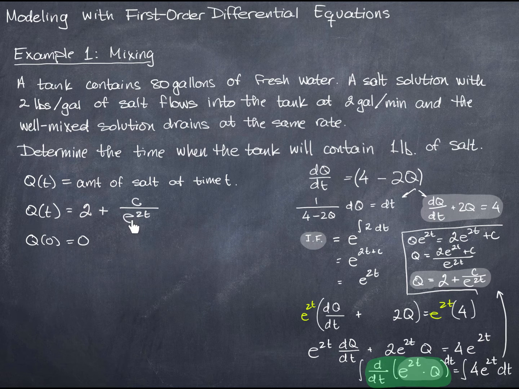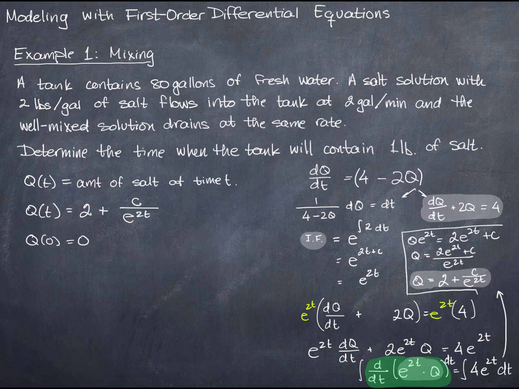If you look at this equation right here, we have one unknown, the amount of salt, Q of t. We have another unknown, t, and we have a third unknown, c. Well, here's a pair of unknowns. These are paired. There's going to be a different amount of salt at a different time, but these two values go together.